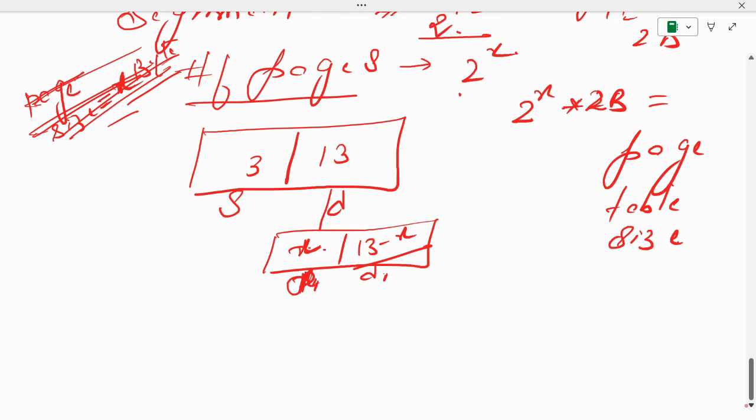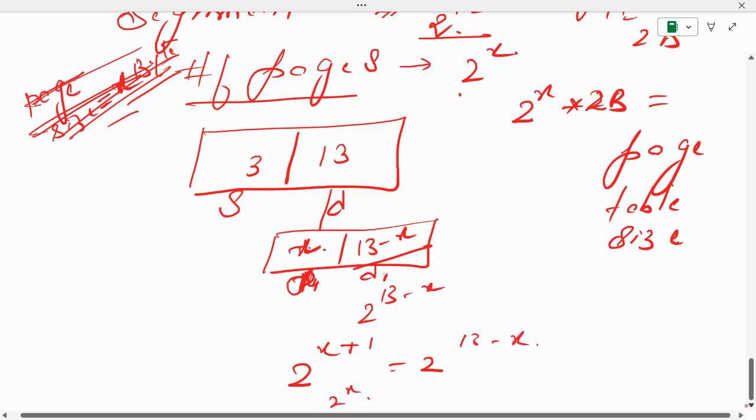Okay, so the page size of the segment is 2 raised to the power 13 minus x. So 2 raised to the power x plus 1 equal to 2 raised to the power 13 minus x, right? So 2 raised to the power x into 2 is equal to 2 raised to the power 13 by 2 raised to the power x, right? That's how we calculate the x.